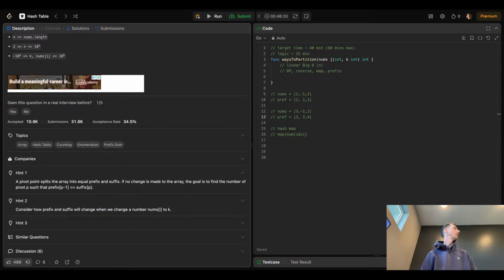Like if we want to get this specific suffix, knowing k, so basically, yeah, we can know.